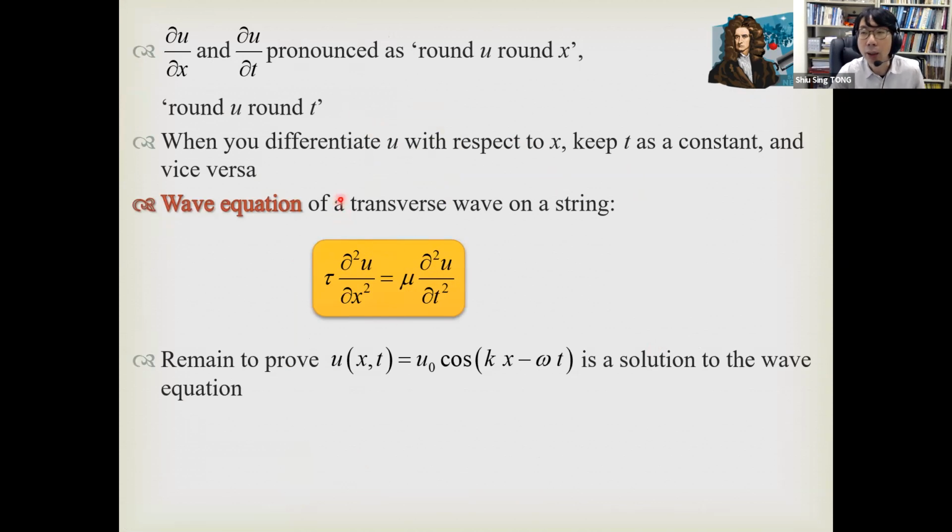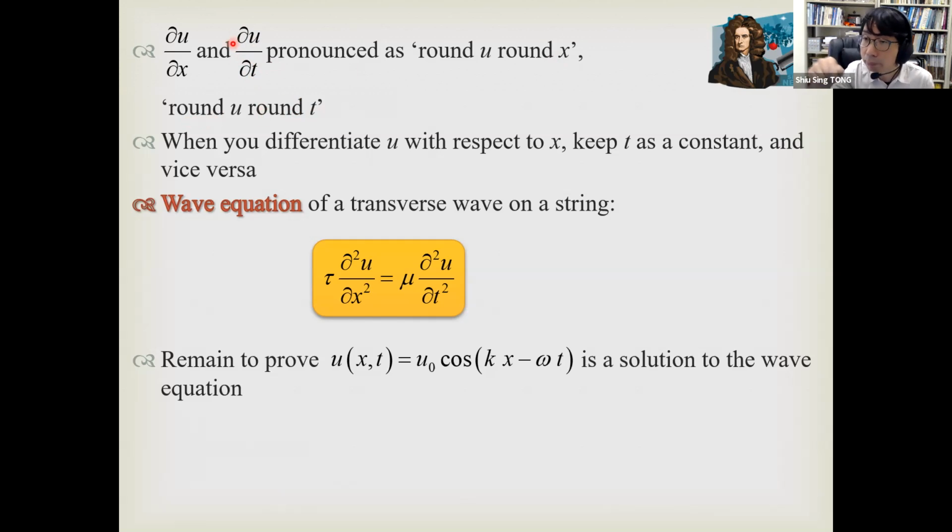Now, there's a kind of pronunciation that you should learn. The partial derivative of u with respect to x is commonly called round u round x. Okay, this is the partial derivative with respect to time t. It is called round u round t.